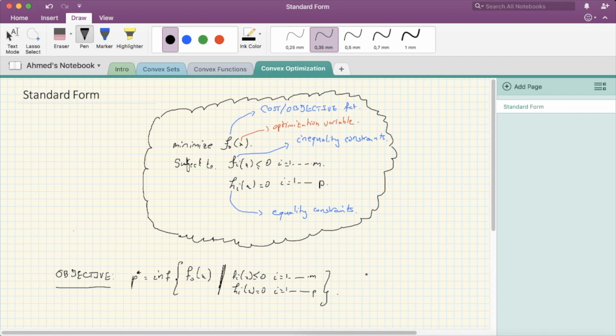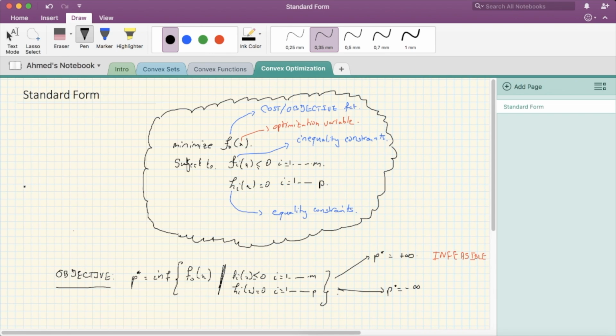So what cases could we face right here? We could be in a case where P star is plus infinity, or P star is minus infinity. So what does that mean? If P star is plus infinity, it means that the problem is infeasible. It means that no value x could satisfy my constraints. So let me give you an example.